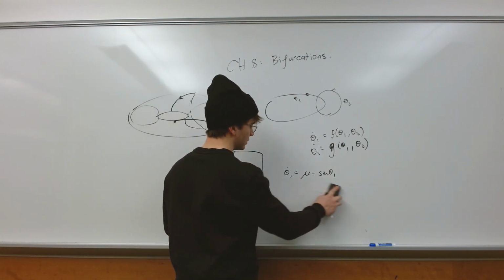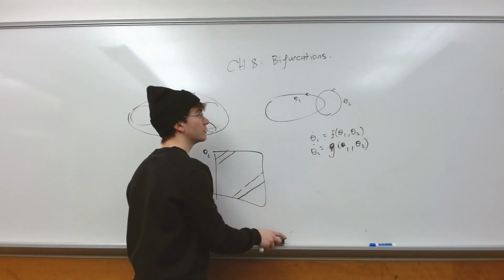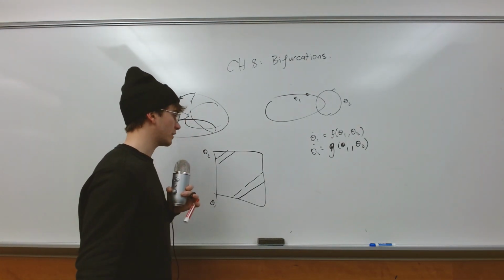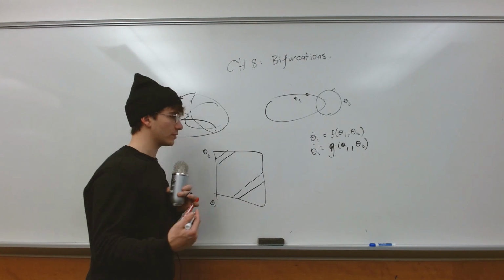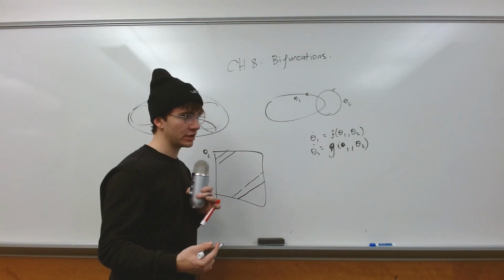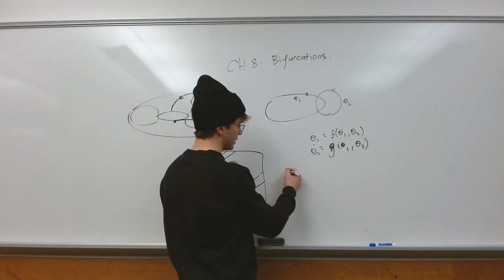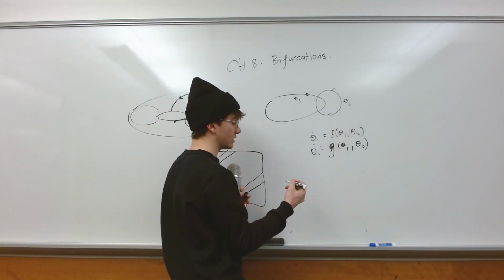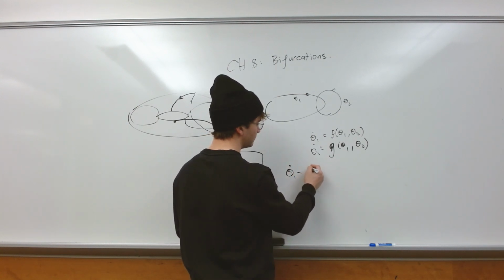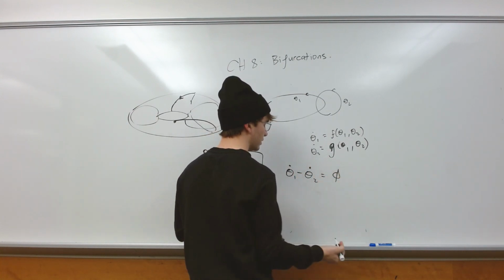Actually, I think... yeah. So that wasn't the best example. I'm sorry. Sometimes the best way to analyze the magic rectangle is to look at the phase difference. So theta 1 minus theta 2 dot. You can call this phi, okay?